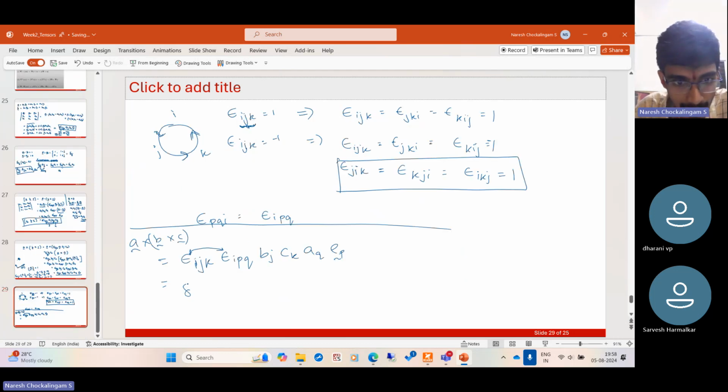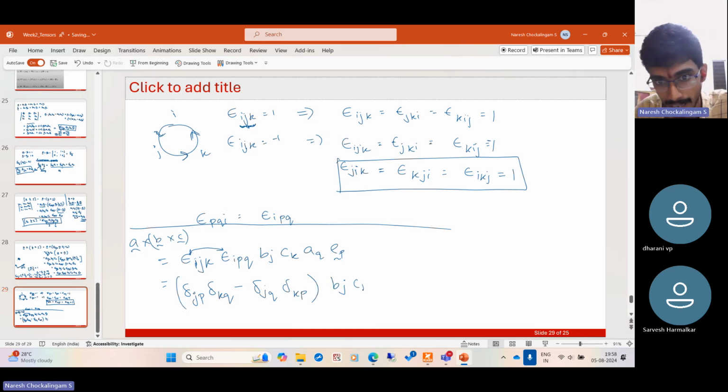This you can write as delta_jp delta_kq minus delta_jq delta_kp, multiplied with b_j c_k a_q e_p. These are two different terms.